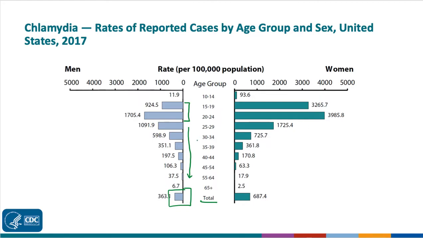All right, so we see infections in males and females following similar trends, with the highest risk being those that are aged 15 to 24. And sadly, if you look at the data, there are a number of cases reported amongst both males and females in younger age groups between 10 and 14.